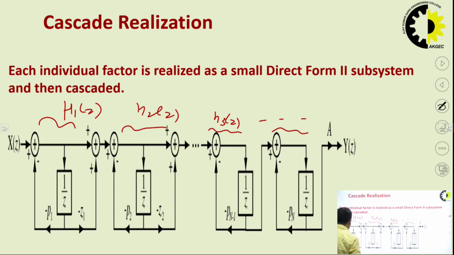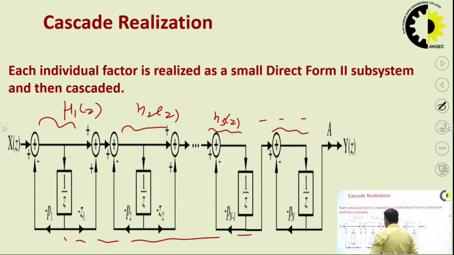In this structure we are using the direct form 2 realization, because basic structures are direct form 1 and direct form 2. Now, you have to split this H of Z into product form by using factorization, then realize individually using the direct form structure. So, this is our cascade form, and in this way we can arrange these structures.